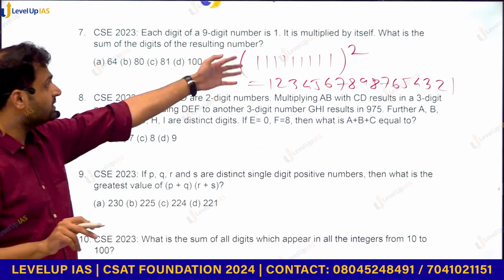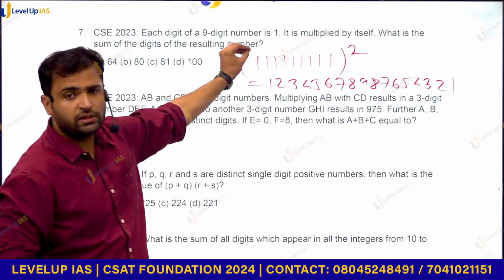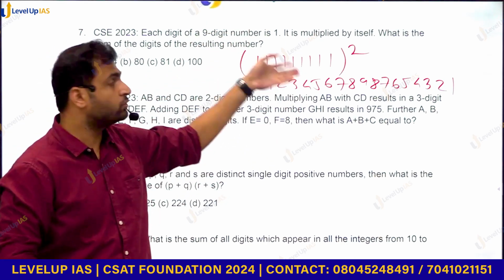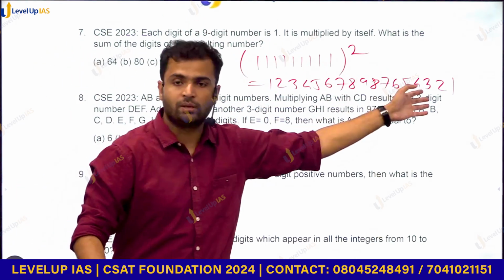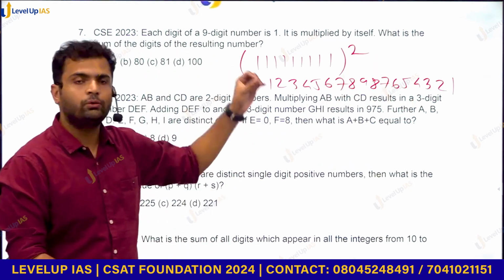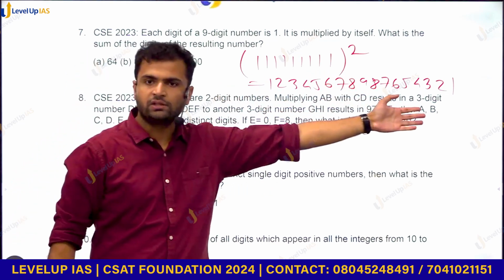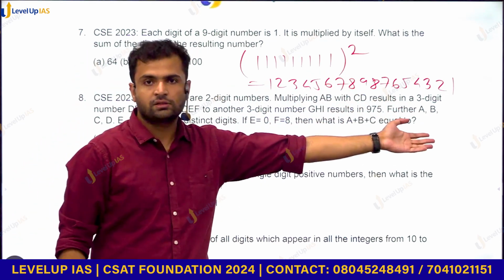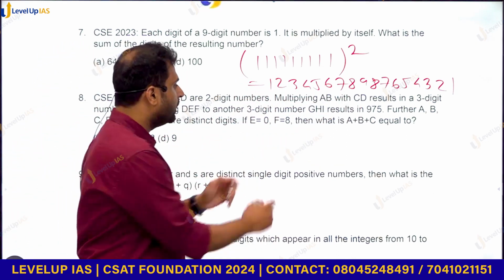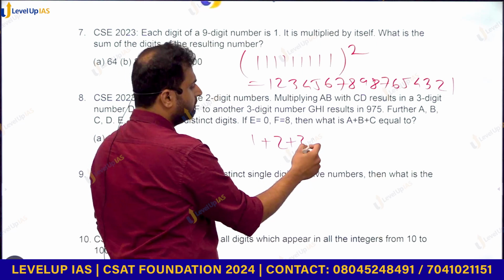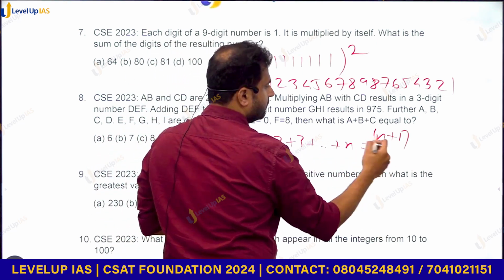There is no formula, just that we can identify that this is the question where there has to be some pattern, because nobody in their right minds will ask any student to compute the square of this number manually. So you don't have to calculate manually, you just have to find the pattern, and once you find the pattern you can directly write the square, and now you can add the digits. That much you can do. Or if you are familiar with the formula of addition of 1 plus 2 plus 3 plus up to n is equal to n into n plus 1 by 2.